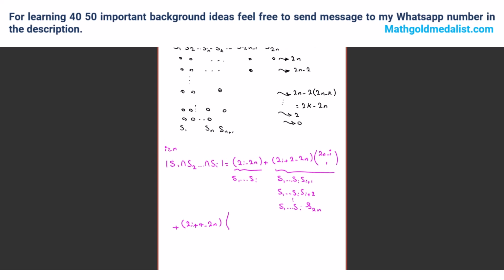Choose what? 2n. Exactly. Until the last part is what? What choose what? 2n minus i, right?